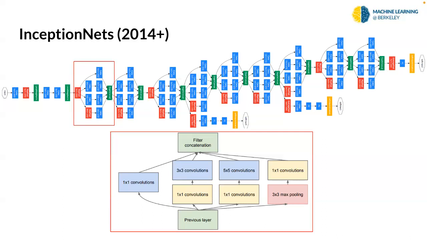This prediction in the middle uses slightly lower level features, so it will be slightly worse, and then this one should be the worst. But during training, because we compute loss at all 3 points, it encourages more gradients to flow through, and it encourages features in the middle of the network to also learn features that are relevant and not just arbitrary. So it helps address the vanishing gradient problem.